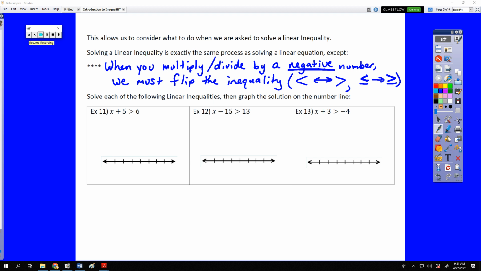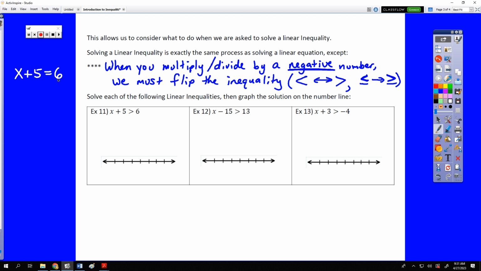All right, let's try one. Okay? Example 11 says x plus 5 is greater than 6. Okay? We are going to treat this exactly like an equation. So for instance, if you have this equation, x plus 5 equals 6, how do you solve that equation for x?